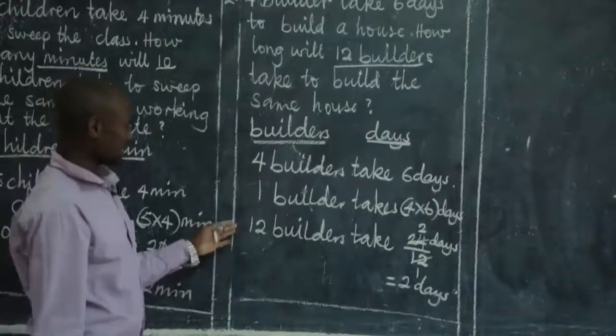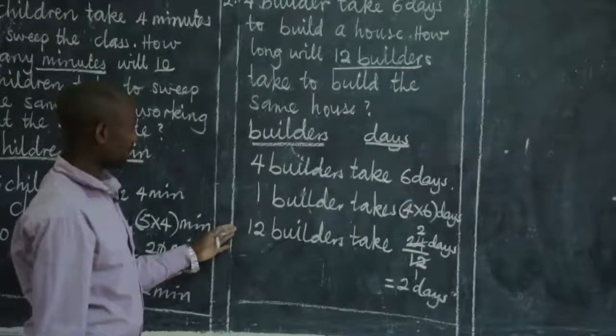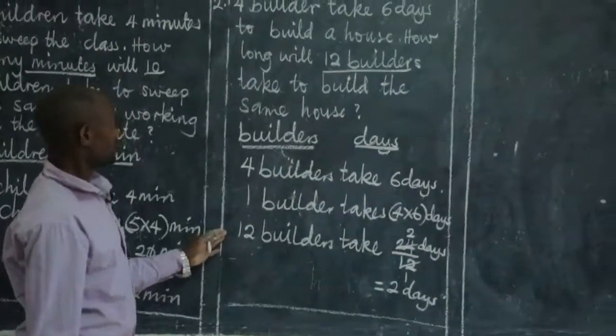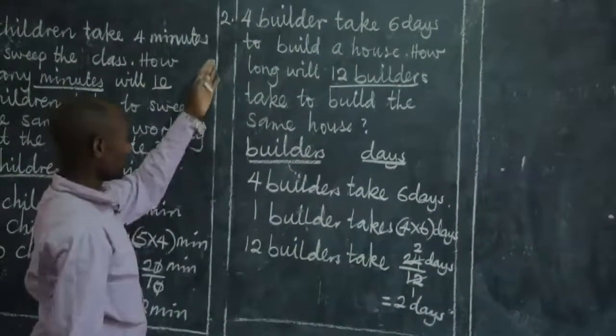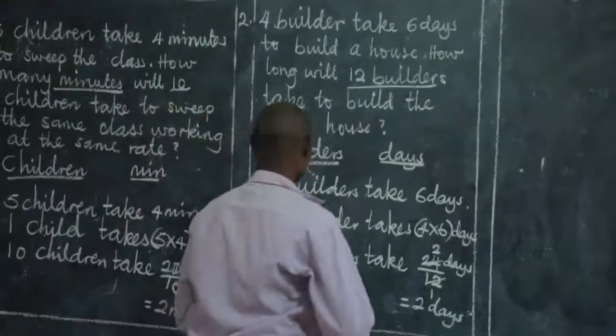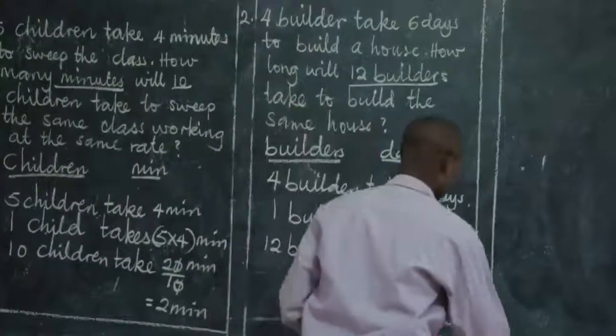Let's look at another example whereby the workers are this side. Let's look at an example whereby we need to look for the number of workers.